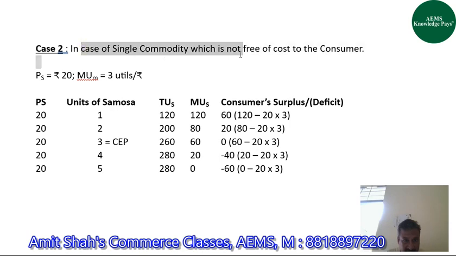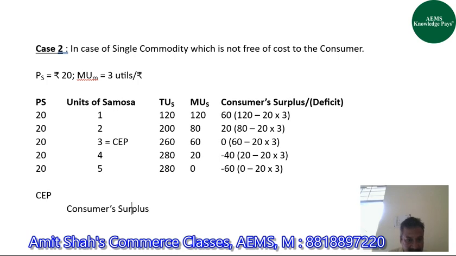So guys, in this case, consumer's equilibrium point is when consumer surplus is zero, or when MUX, X being the commodity, divided by PX, is equal to MUM.